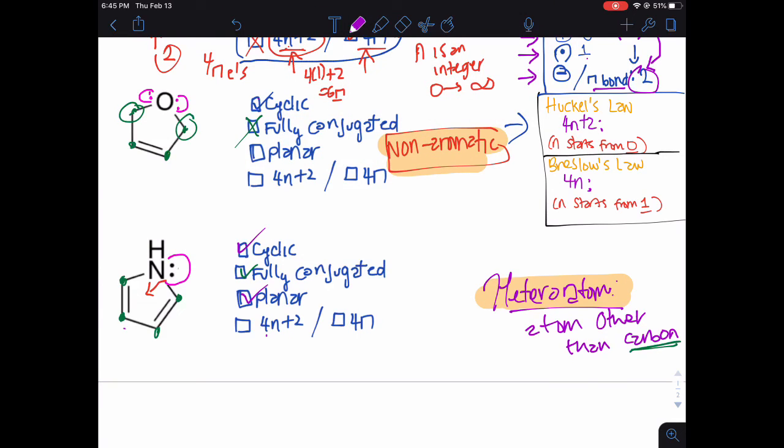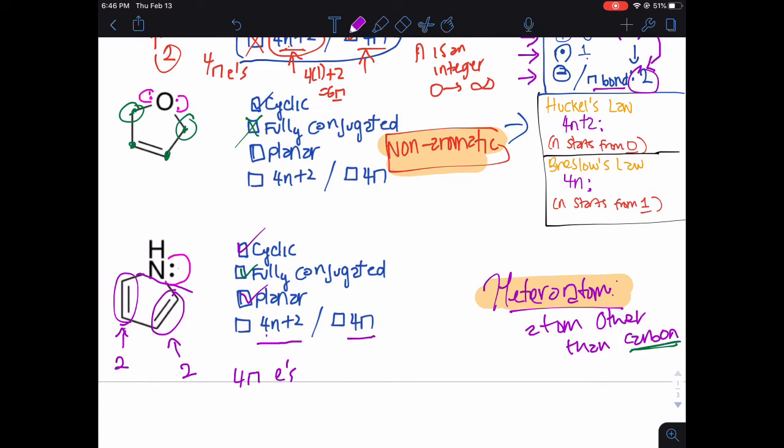Now the question is, does it have 4n plus 2 pi electrons or 4n pi electrons? Let's count up what we have already. We know that this pi bond counts as 2 pi electrons. This pi bond also counts as 2. So without looking at the heteroatom right now, we have 4 pi electrons.